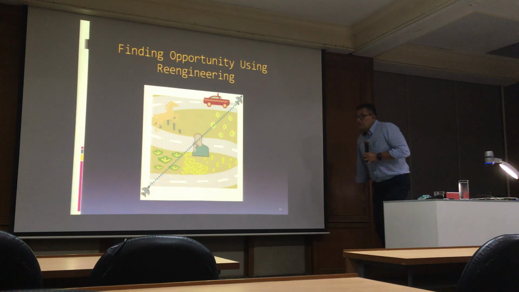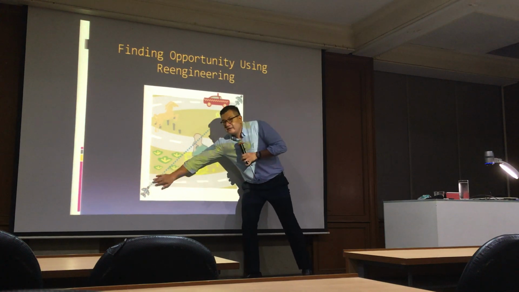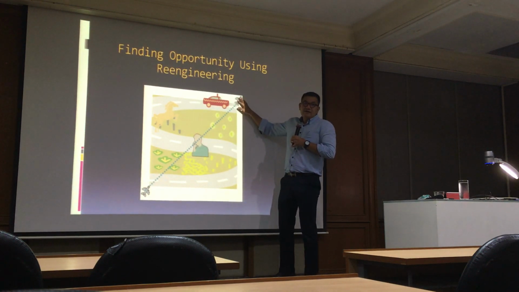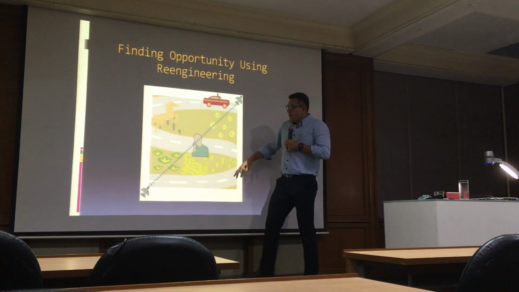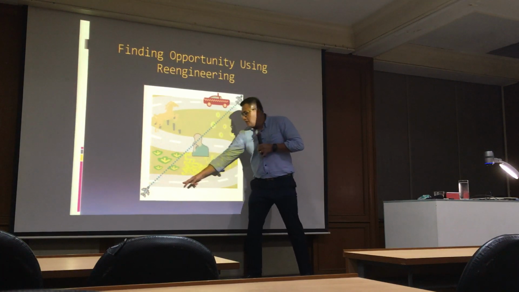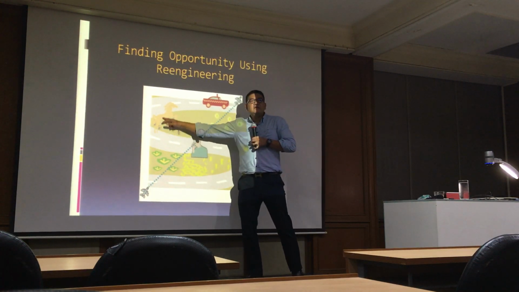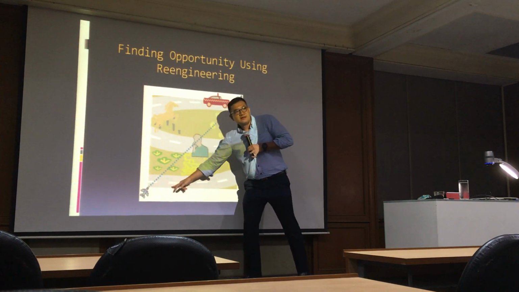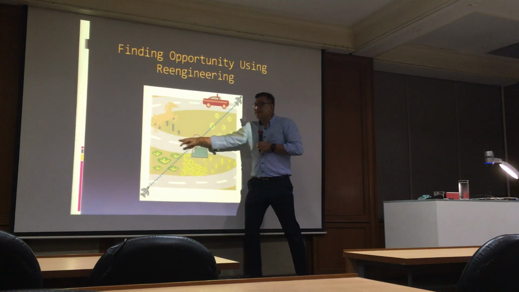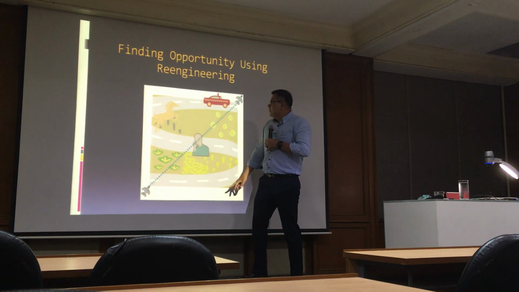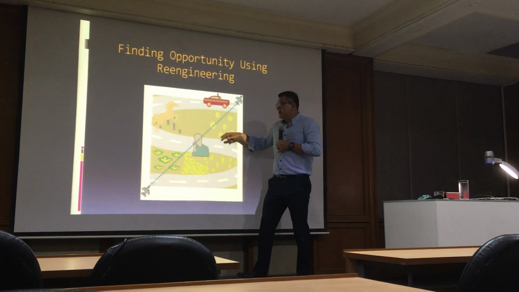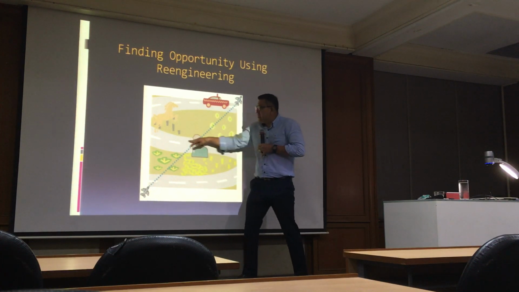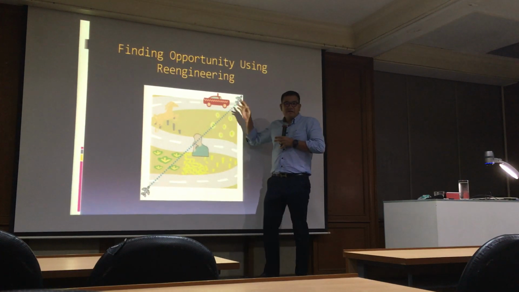Let's say that you want to move from this point to this point. Basically, you might walk along this street. If you're using the concept of improvement, you ride a horse, more faster, or you drive a car, even more faster, but you're still using the same concept of the existing process.